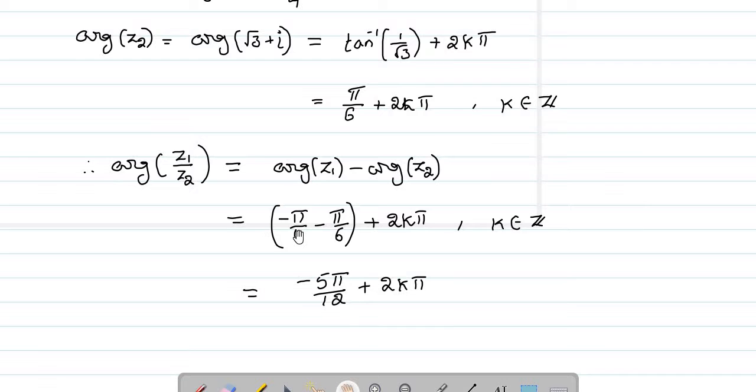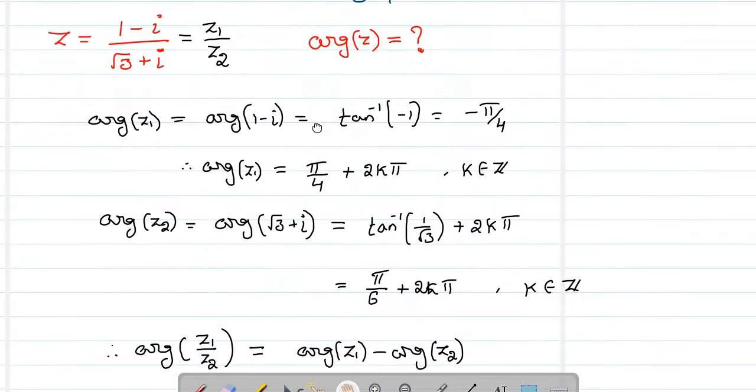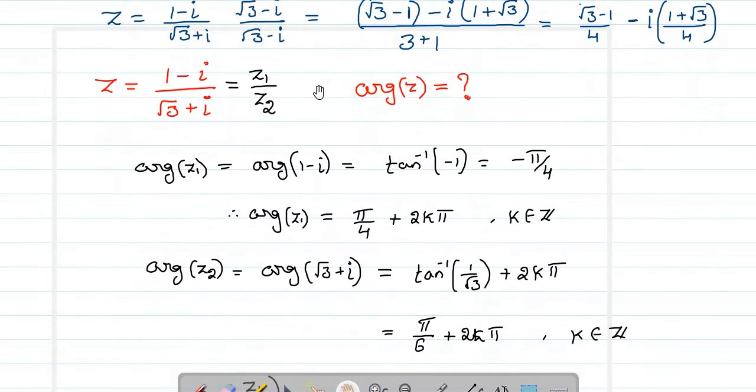You can find the argument of z1 by z2. And similarly, when you have a product, if you know the arguments individually, you can take those individual arguments to compute the argument of this combination, whether it is a product or division. But when it comes to the principal argument, we have defined what the principal argument of z is.